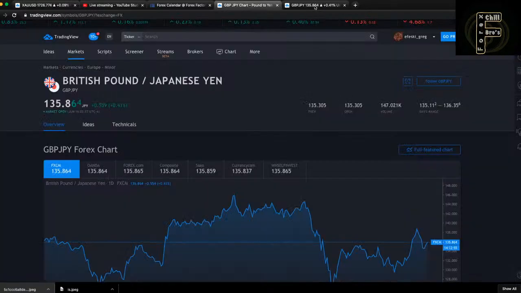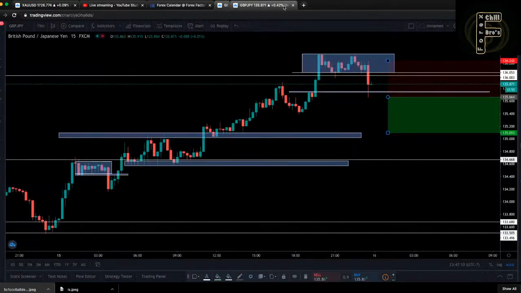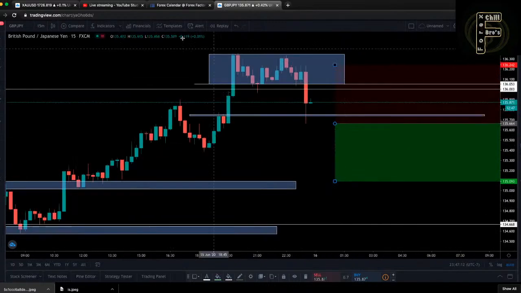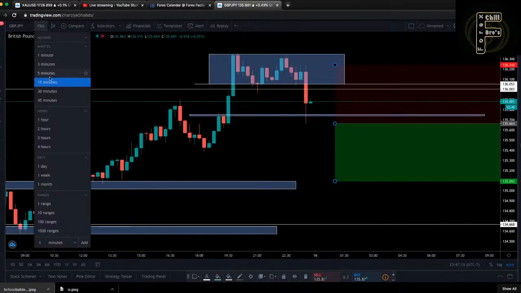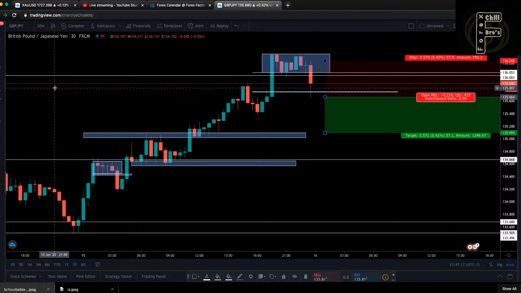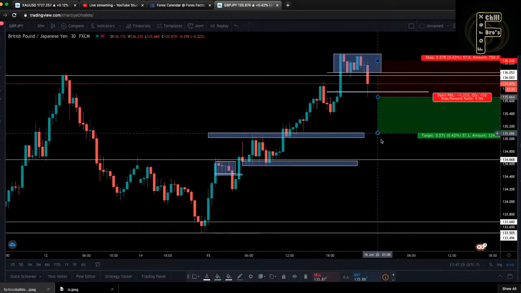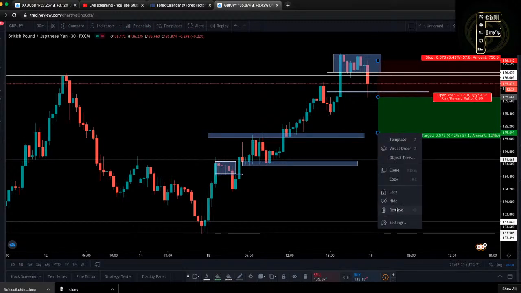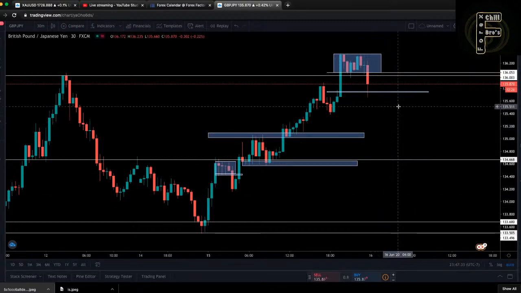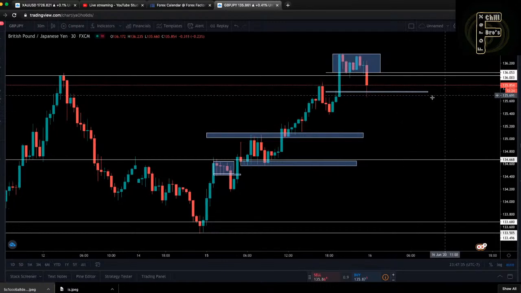Let's check GJ. Like I said, this stop loss is way too big. Left for me, I will not take it. But let's see what happened.